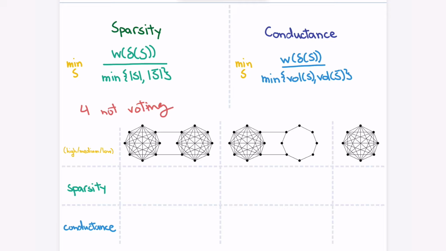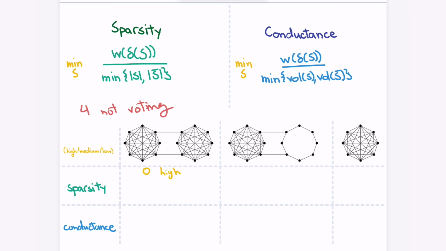Let's take this first graph, which is 2 cliques connected by a couple of edges. You have a choice between high, medium, or low. Who would say this has high sparsity? Or, yeah, high quantity, which means not very sparse, I guess. Okay, 0 for high.